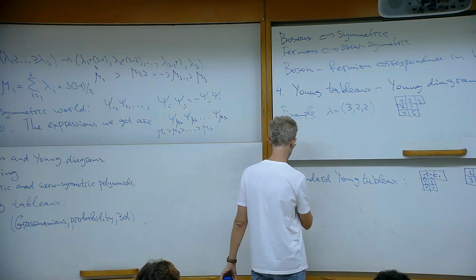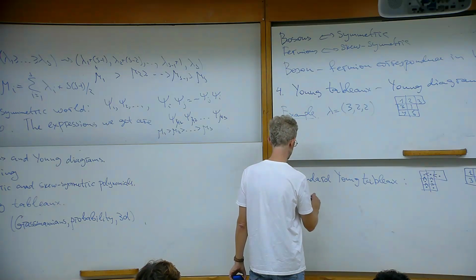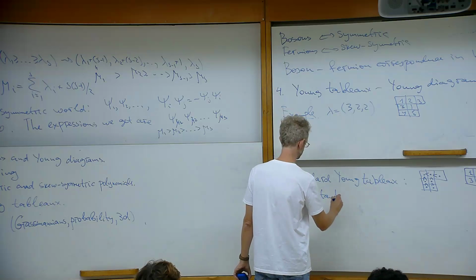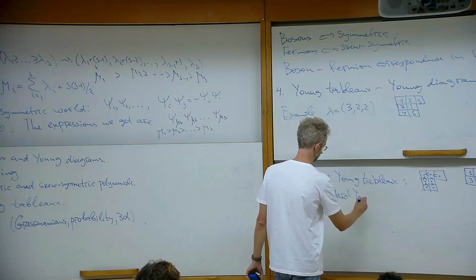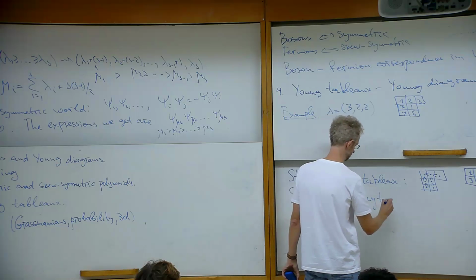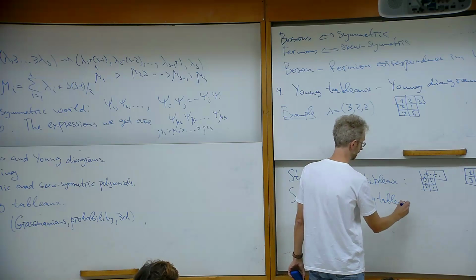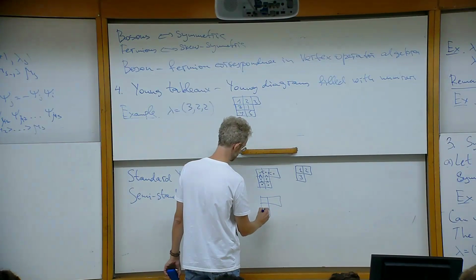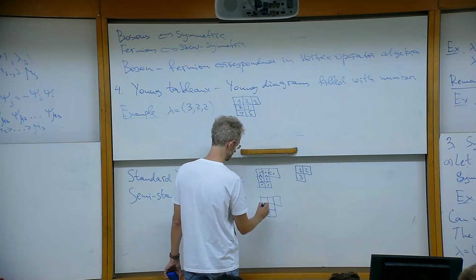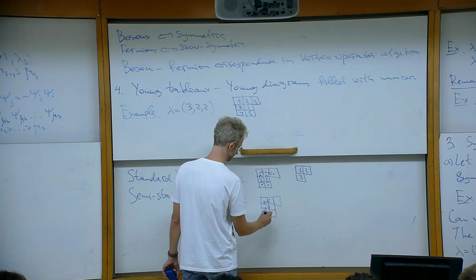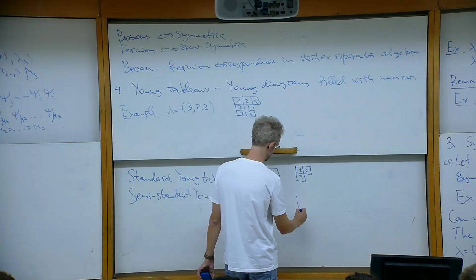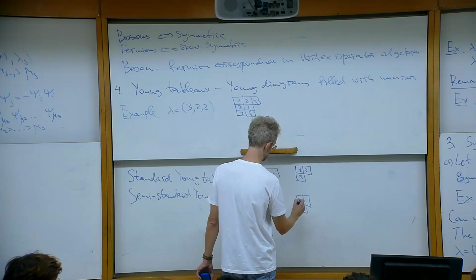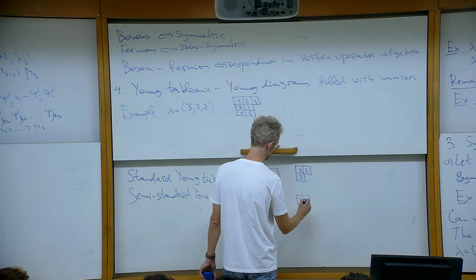Another situation is semi-standard, where the conditions are slightly relaxed. Then you still have strict inequalities in the columns, but non-strict in the rows. An example is 1, 1, 2, 2, 3.